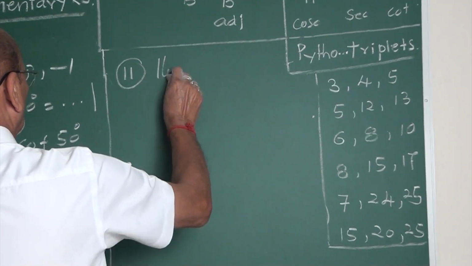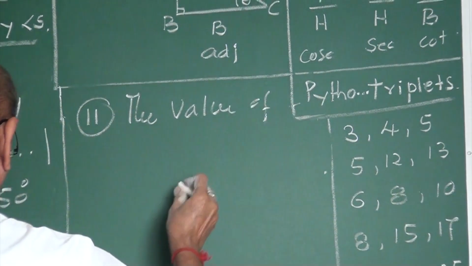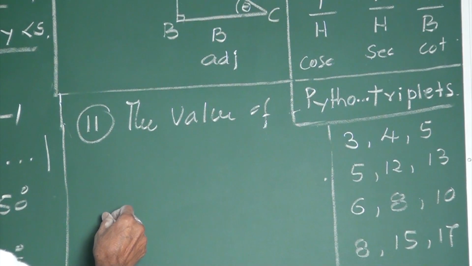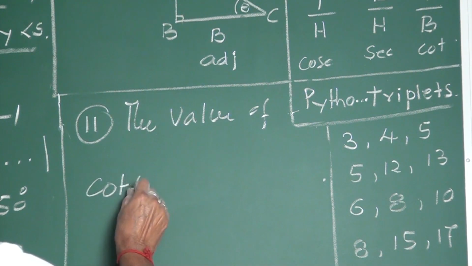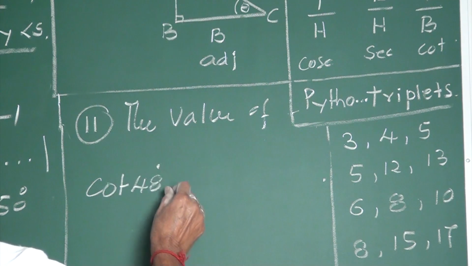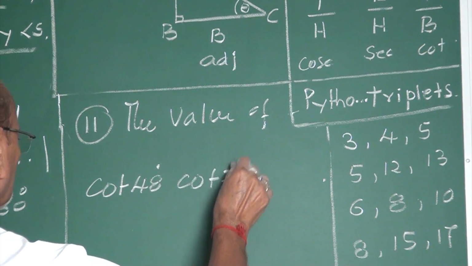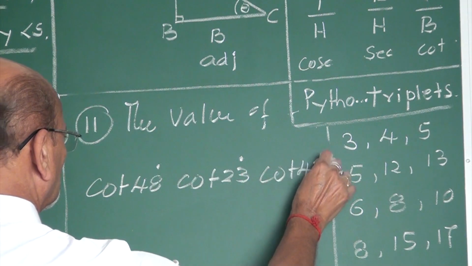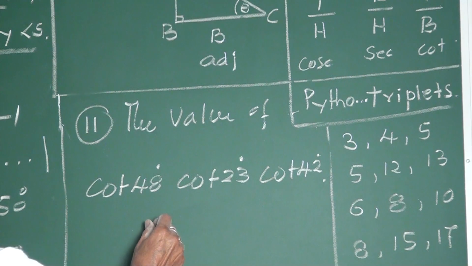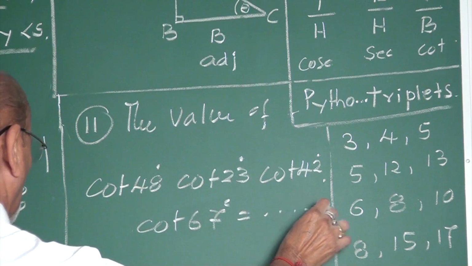The value of cot 48 degrees, cot 23 degrees, cot 42 degrees, cot 67 degrees equal to dash.